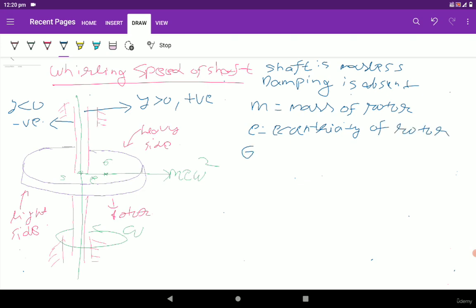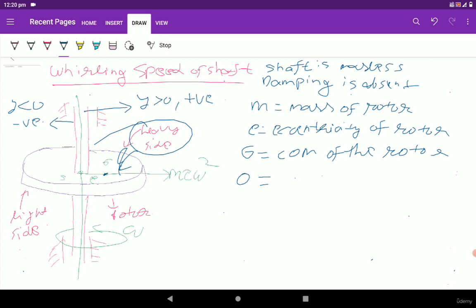G, that is this point G, is the center of mass of the rotor, because this is the heavy side, and O is a point existing on the axis of rotation.